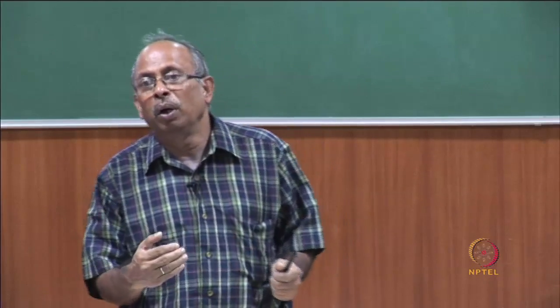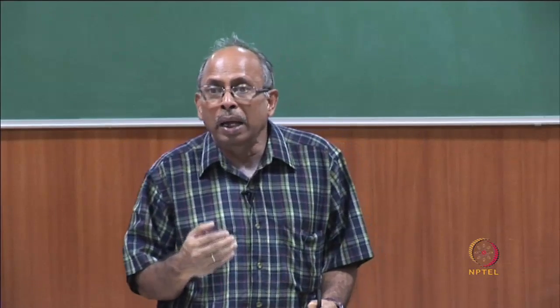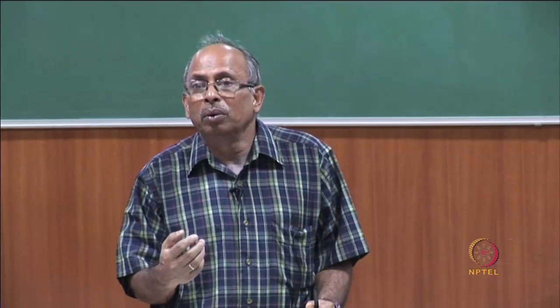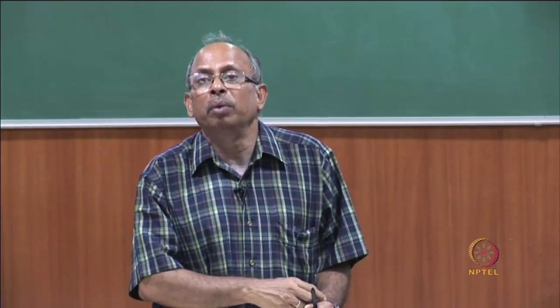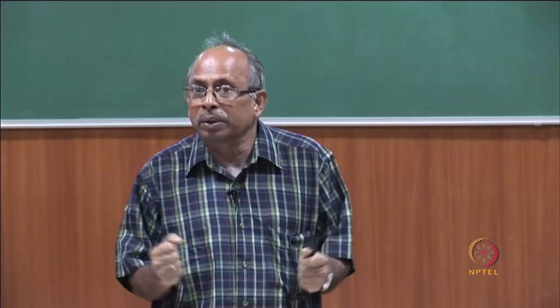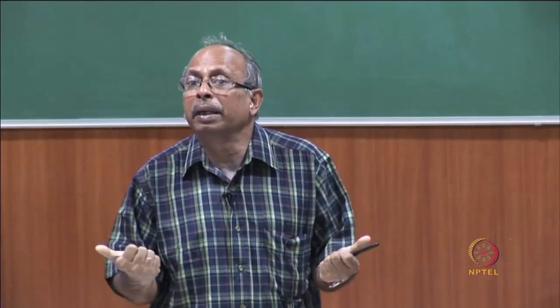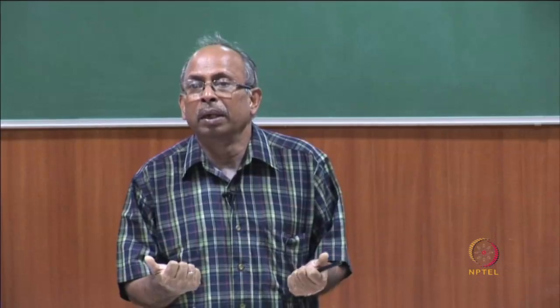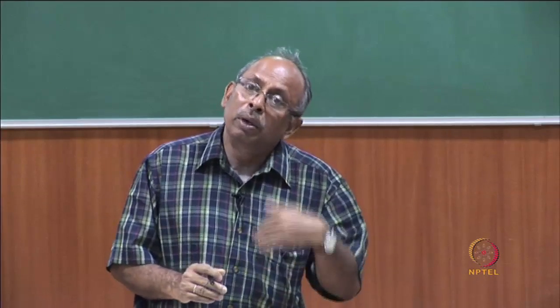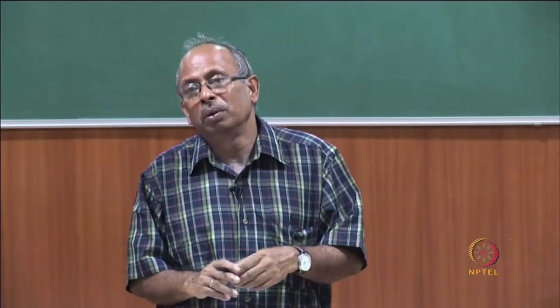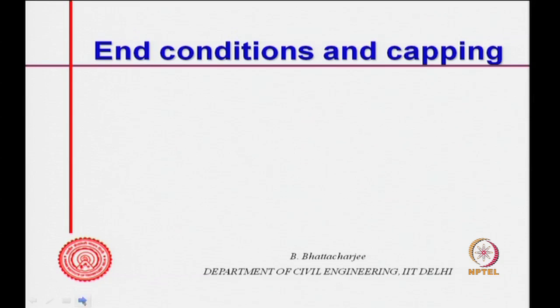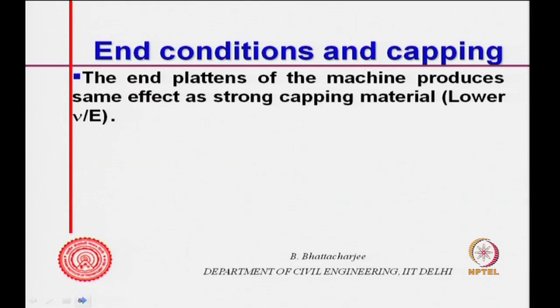Therefore, it would show a higher strength compared to the one with a higher value of nu by E. The net effect is that the material is not going to expand in the transverse direction, there is a restraint to that, so you will require higher load to cause it to fail. So, this is the effect of end capping, as we have seen. The end platens of the machine produce the same effect as a strong capping material.